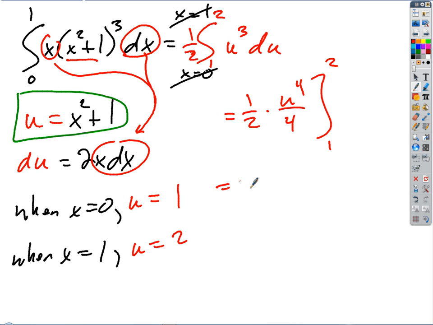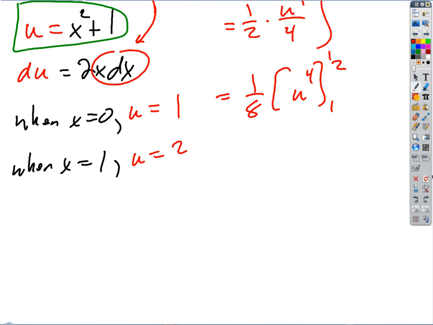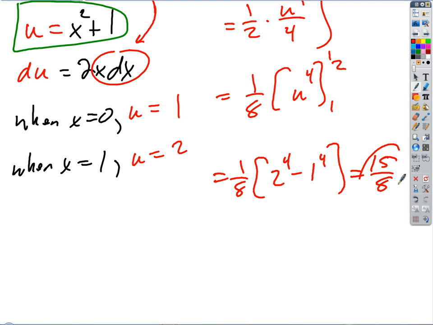So we can pull the 1/8 out front, and u to the 4th from 1 to 2 just means 2 to the 4th minus 1 to the 4th, right? Everybody agree? Which is what? 16 minus 1, so 15? How about that? That is pretty amazing to me.